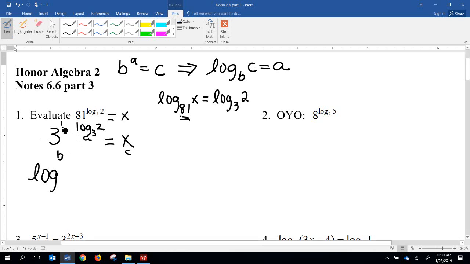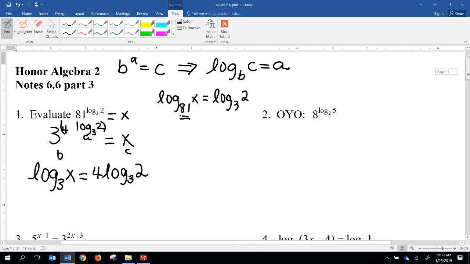See, I can think of it as this, like that instead. So now it's going to be log, find the base, swirl it around, equals this. And now see if you can figure out what that would evaluate to be, what that would simplify to be.